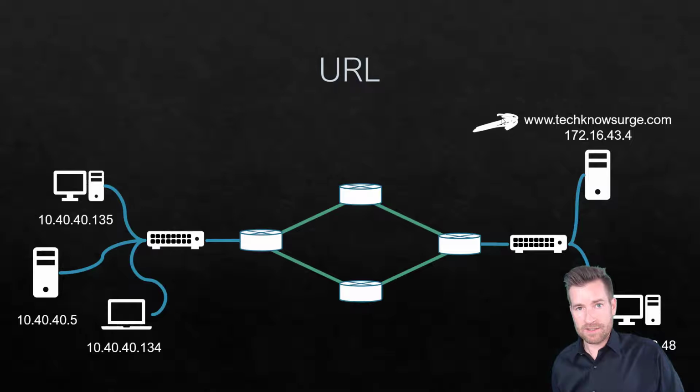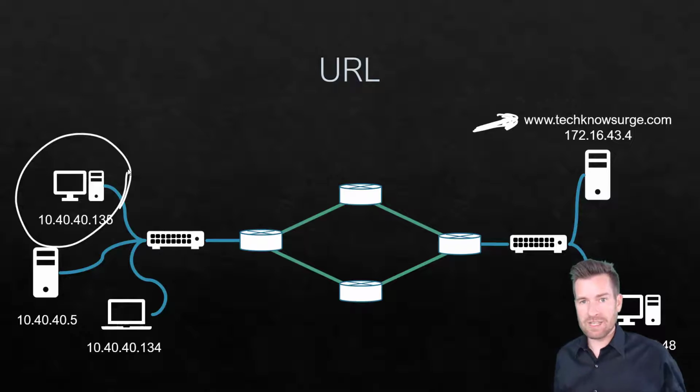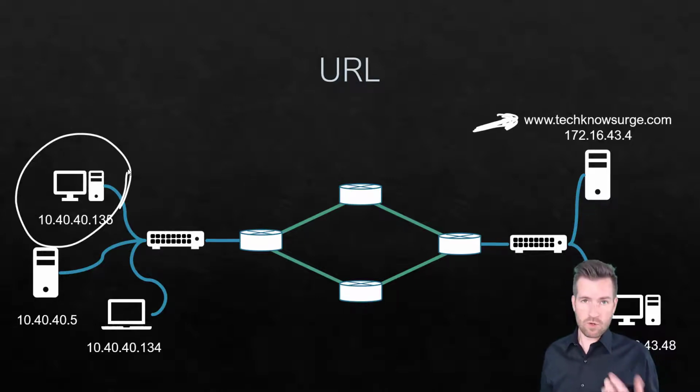So an example is this www.technosurge.com. We typically, when a user is typing into a machine, don't type in an IP address unless you're like a system administrator or network administrator, network engineer. Usually most users are typing in names of resources rather than IP addresses to get to those resources.